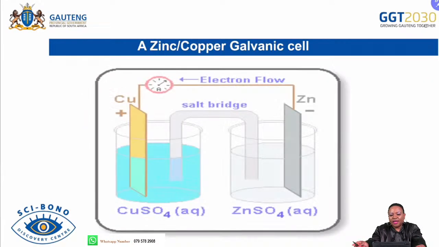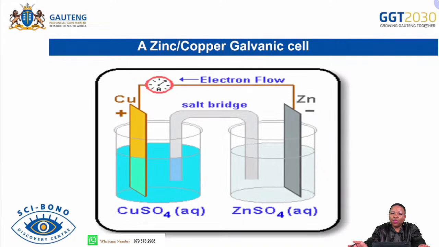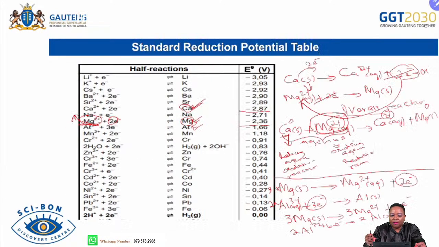So if we have an example of a galvanic cell like this one of zinc copper, a zinc copper cell, we will firstly look at zinc and copper, and compare their reducing ability. And definitely, if you look at the table that we just talked about above, you will see that zinc is somewhere here, and above zinc there is no copper.